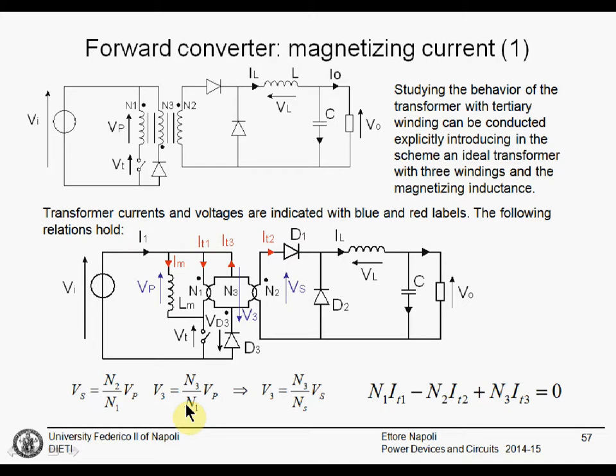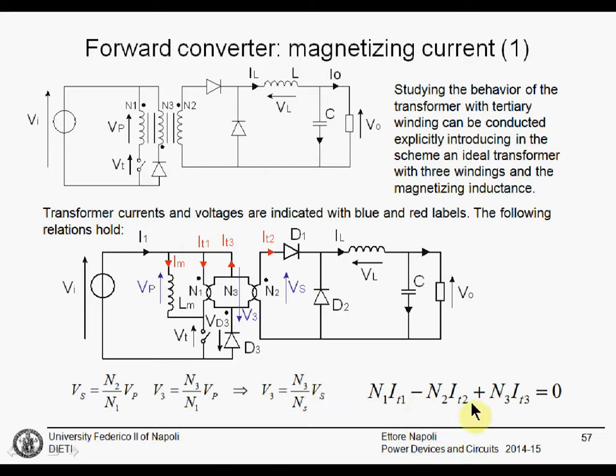And as a consequence, the tertiary voltage is also proportional to the secondary voltage following the N3 divided by N2 transformer ratio. It must be said that quite often the N1 and N3 values are equal. However, we will study the general case.